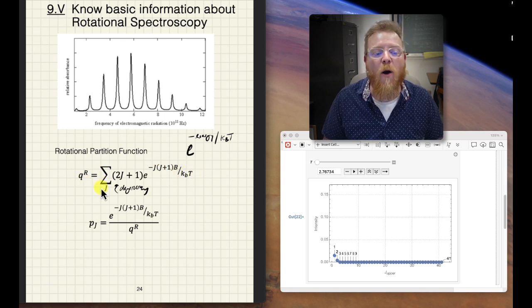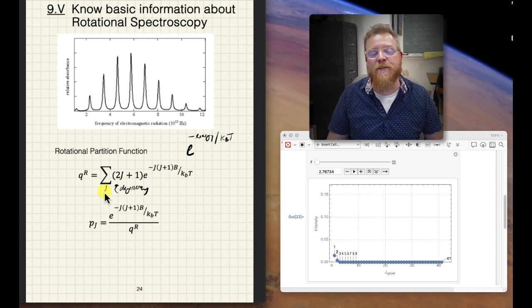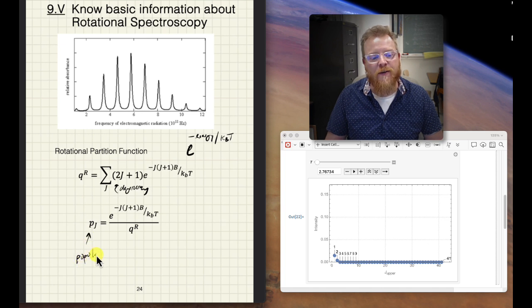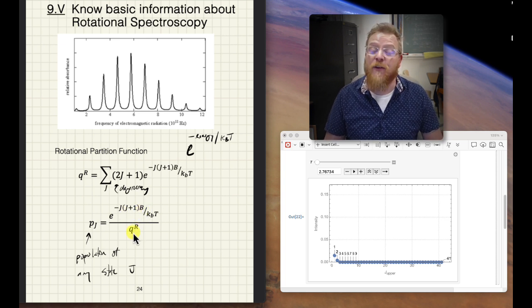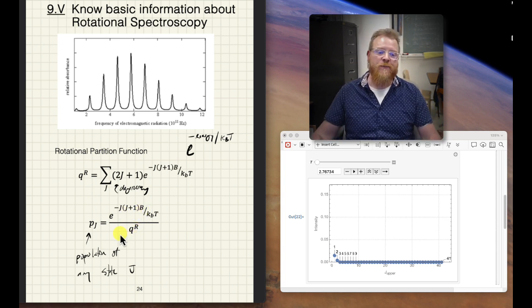If we sum all possible states of J, that gives us our partition function. Then we can get the population of any state J by taking this exponential of only that particular state divided by the total molecular partition function.